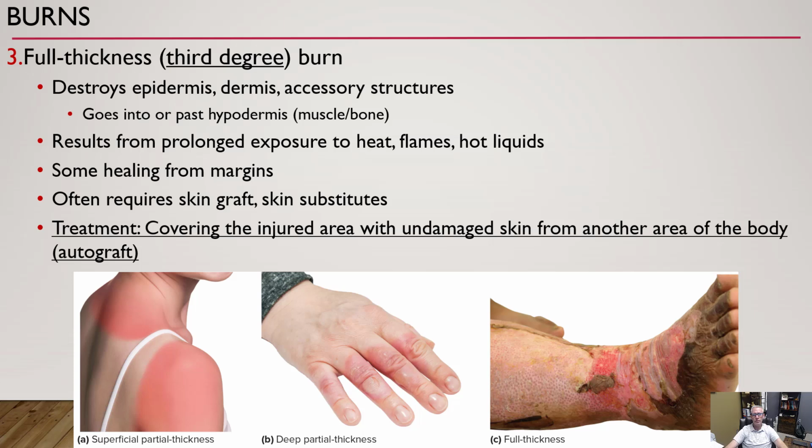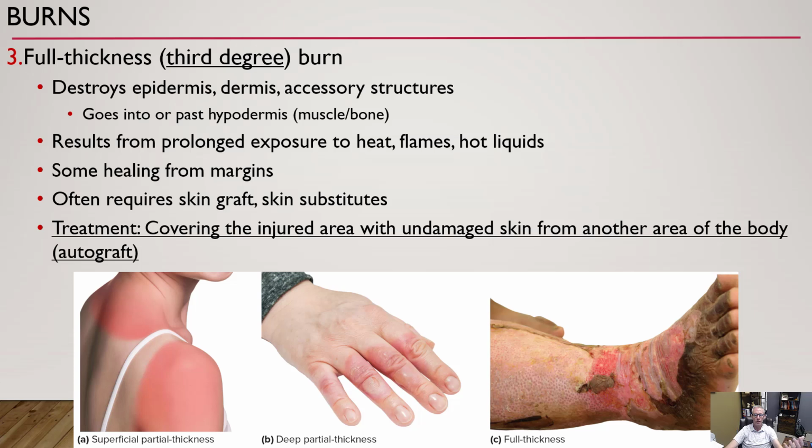Third-degree burns, we also call them full-thickness burns. They're going to destroy the epidermis, the dermis, and the accessory structures. Typically, they go past the hypodermis into the muscle or bone. And that results from repeated or prolonged exposure to heat, flames, hot liquids.